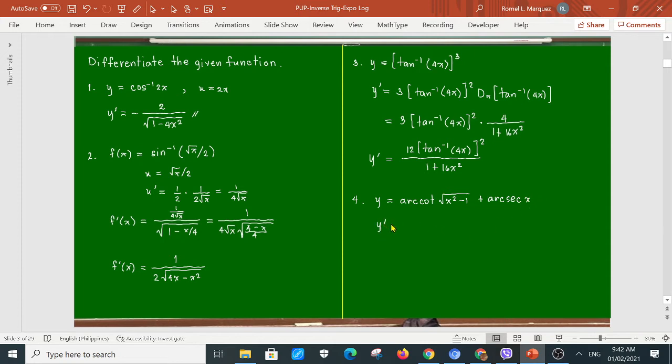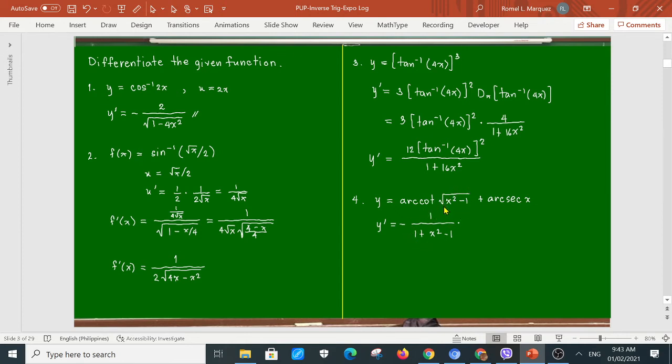So getting the derivative, what's the derivative of arc cotangent? Negative 1 over 1 plus the square of this. What's the square? So that is x squared minus 1, times, instead of putting the derivative in the numerator, I will put the derivative after the derivative of arc cotangent.